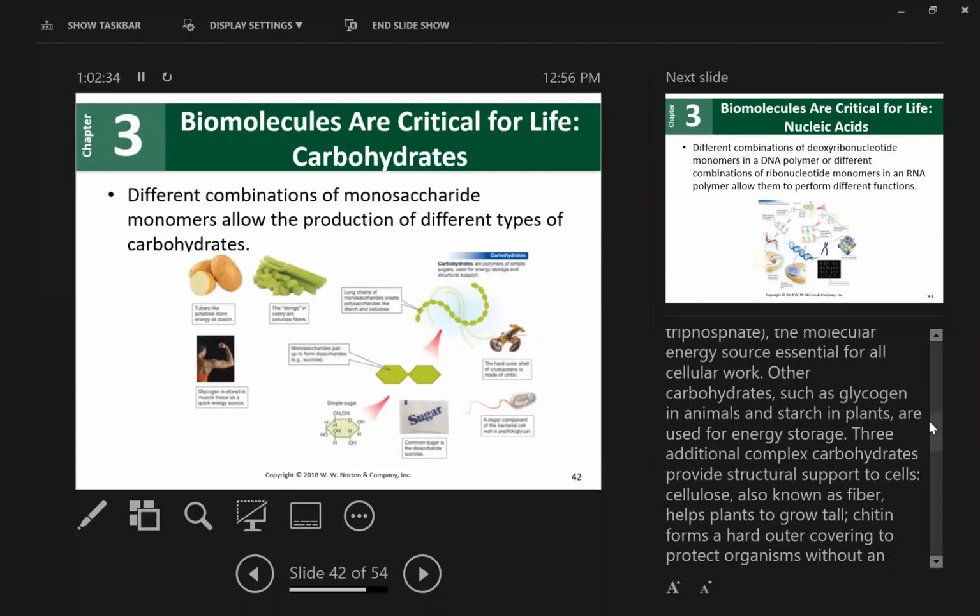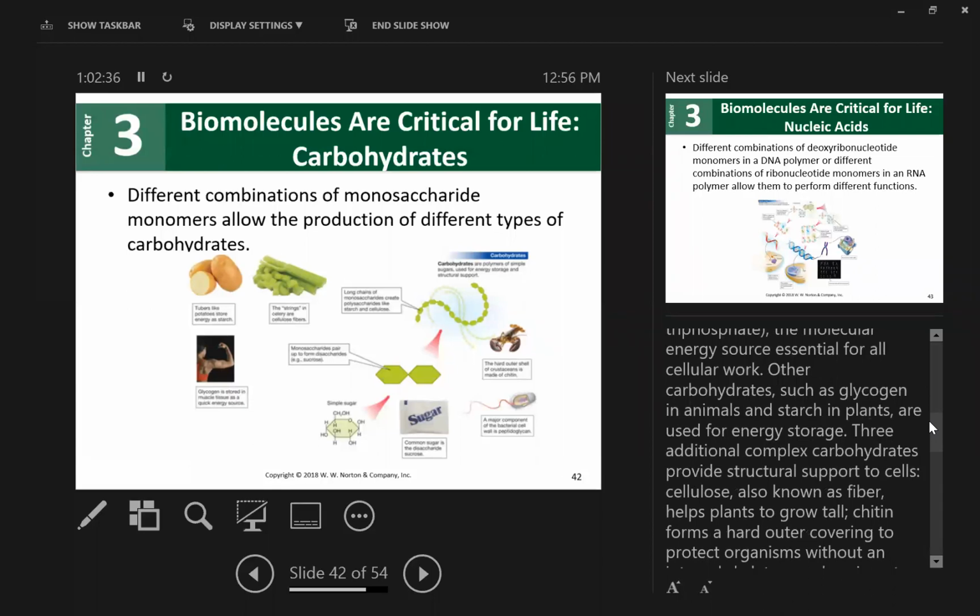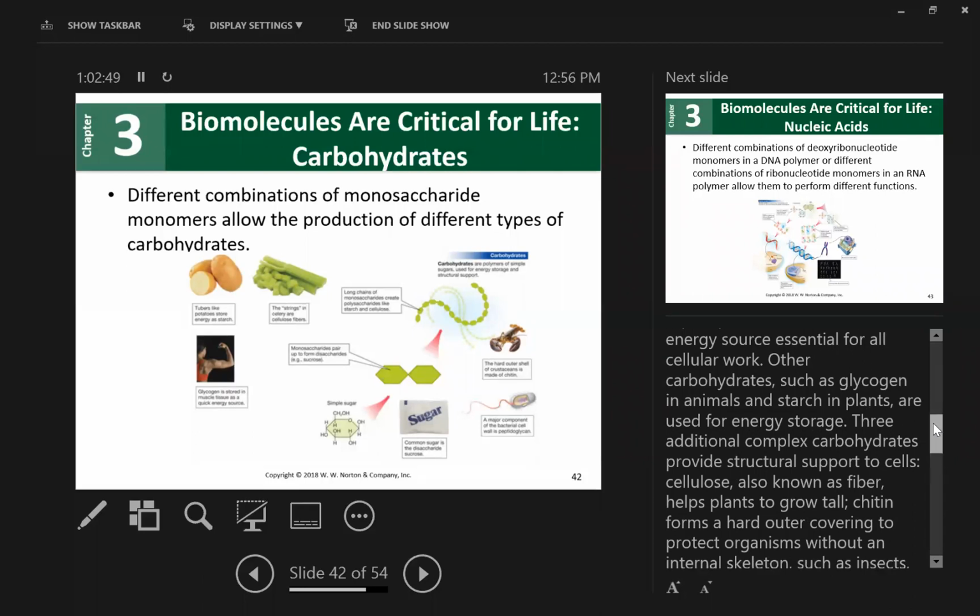So carbohydrates can provide structural support to cells through cellulose. And cellulose is a fiber that you're going to find in the cells of plants. So when you're looking through that microscope and you're seeing the cell walls, which are going to be in that onion root, or those rectangular cell walls, that's made out of cellulose.